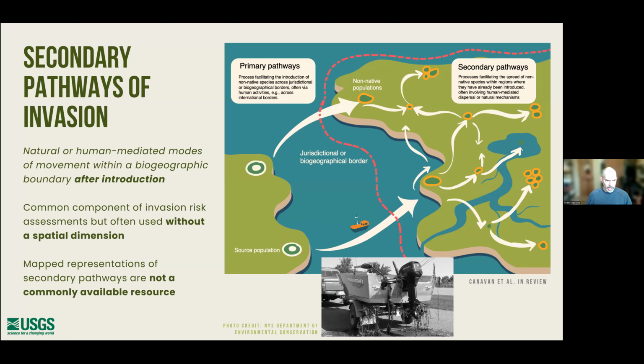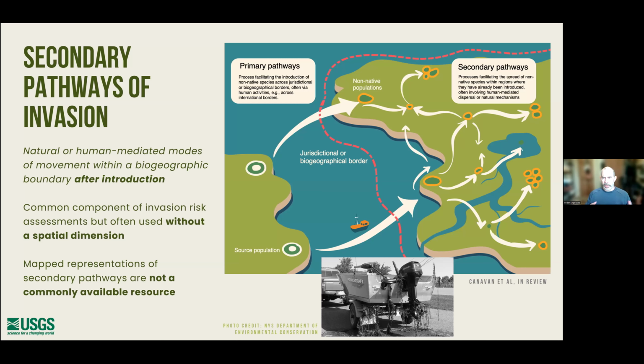Some of you might be thinking, yeah, of course, pathways are a common component of existing risk assessment frameworks. But the difference here is that oftentimes they're not considered in a spatial context. They may be scored by a particular pathway that has the potential to facilitate invasion.